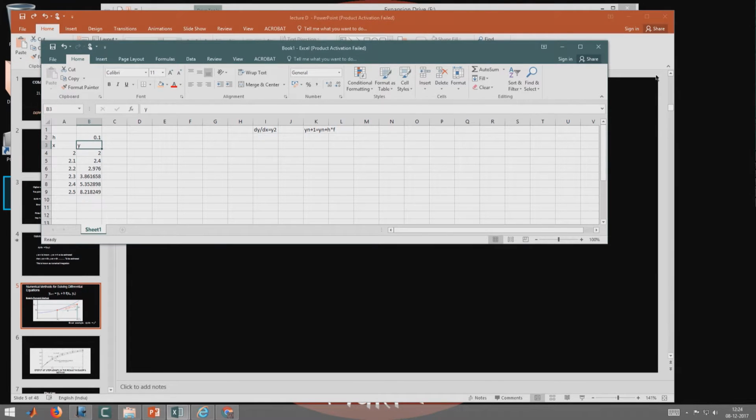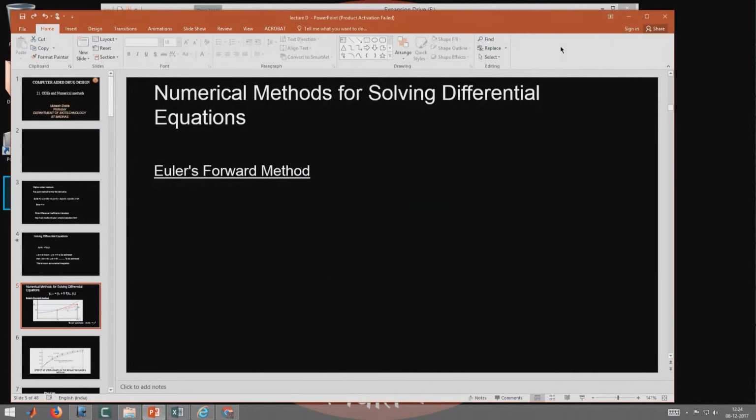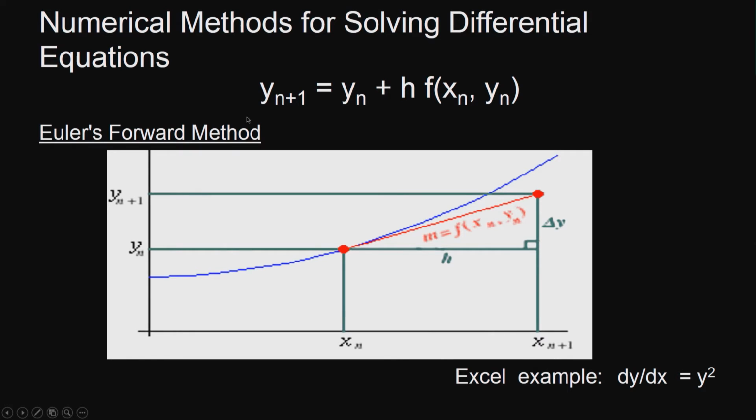So, there are other methods which can give a better accuracy. Okay. It is very simple, as you can see, it just takes the h, multiplies by the y value, I mean the function value, that is dy by dx value, adds it up to the starting y.